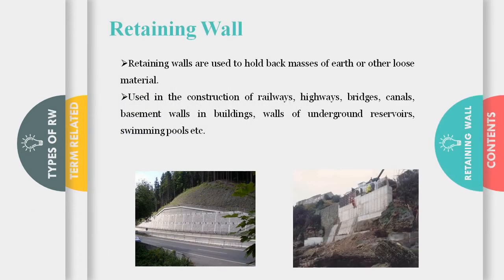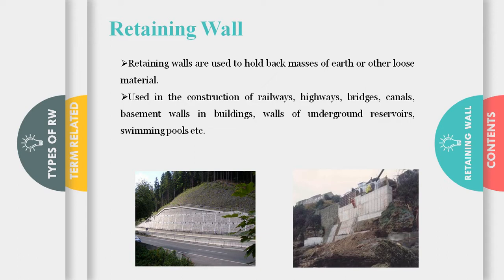First of all, we will define what a retaining wall is. Retaining walls are used to hold back masses of earth or other loose materials. Retaining walls are relatively rigid walls which are used for supporting the soil masses laterally so that the soil can be retained at different levels on the two sides.